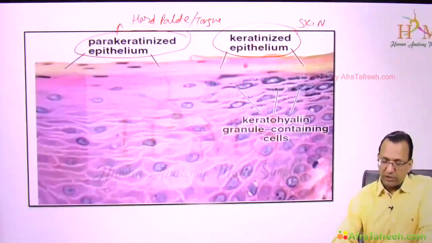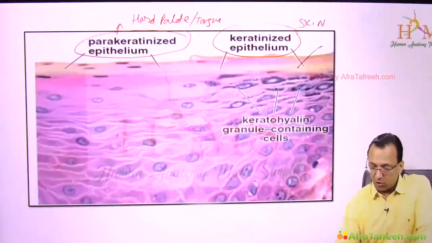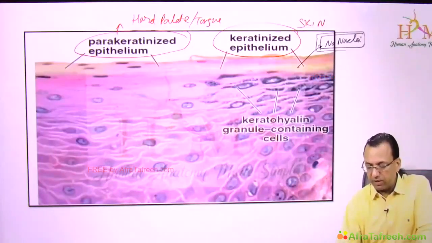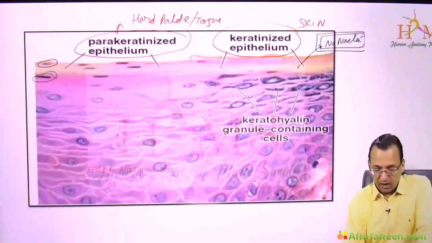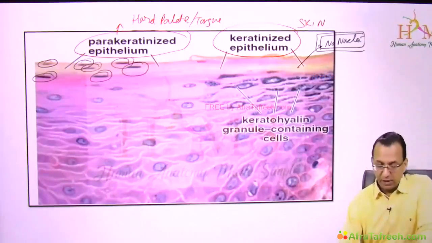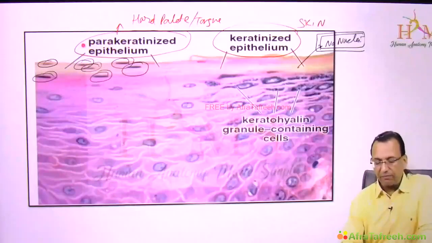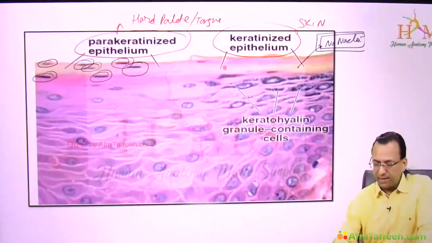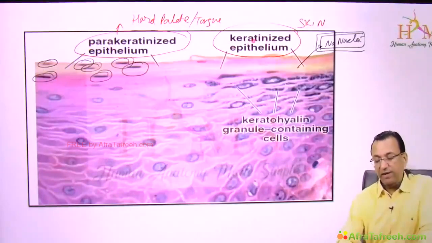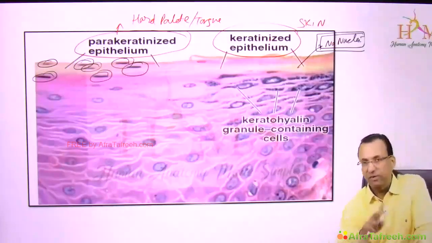The superficial cells of a keratinized epithelium have no nuclei. No nuclei in the superficial layers, but there are nuclei in the superficial layers if it is parakeratinized. So parakeratinized is identified by the fact that superficial cells have nuclei, which is missing in the actual keratinization. This is the difference between the two things.